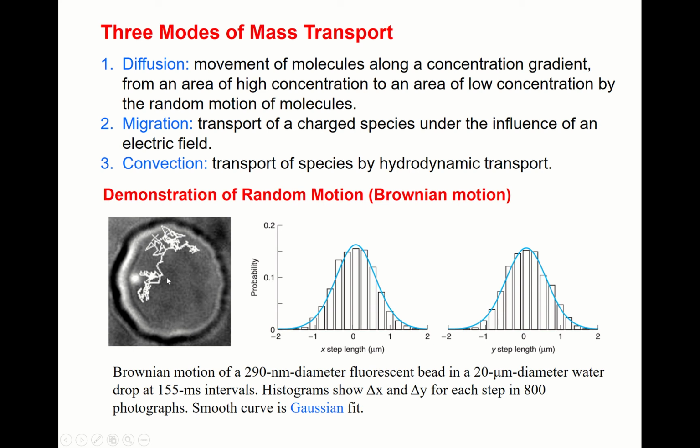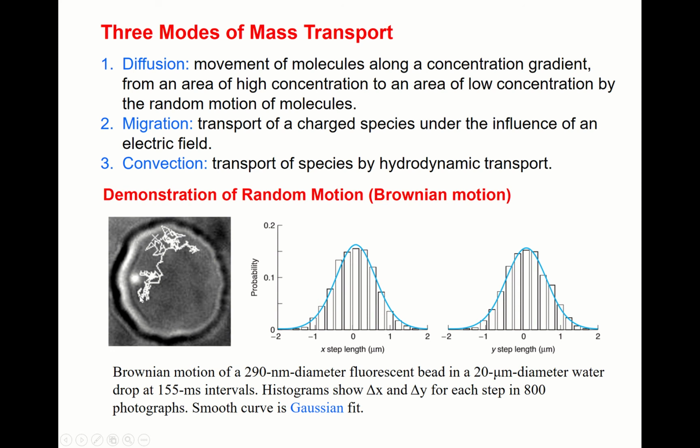If you analyze this fluorescent bead motion, you can separate x and y. Here is the x-axis and y-axis, and each motion you can separate.